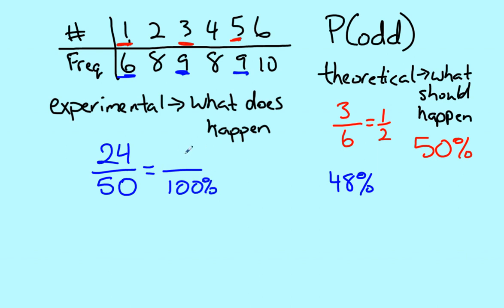So what is this number? And the reason why I say to do it like this is because if our denominator is 50, it's not difficult to see how to get from 50 to 100 because this is just times 2, which means we can take our numerator and do times 2, and then 24 times 2 is, guess what, 48%.